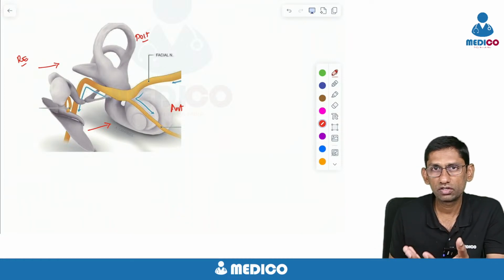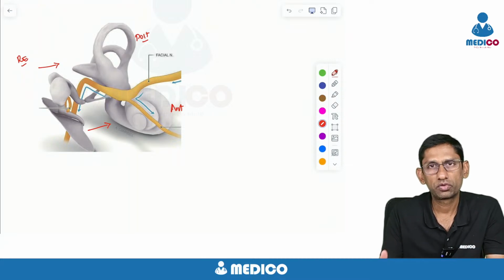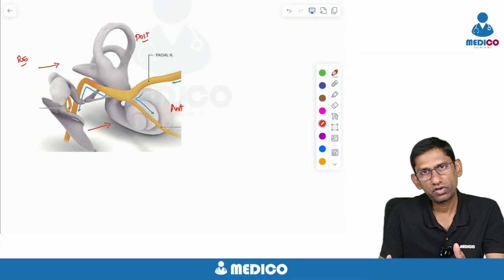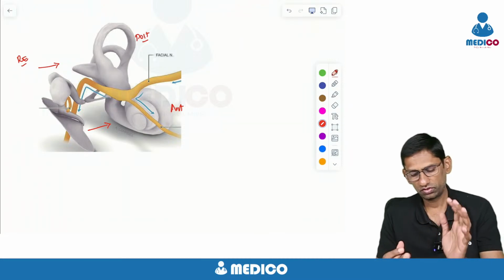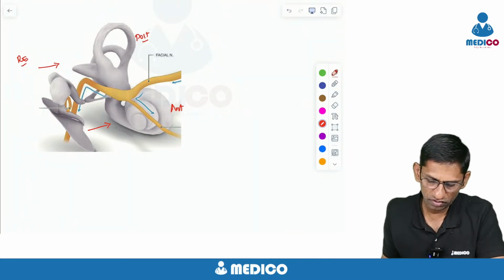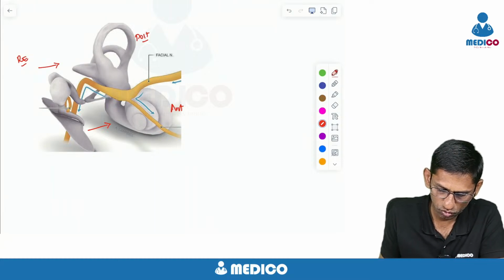If you open into the middle ear, you will enter into the cochlea, and if you open into the mastoid, you will enter into the semicircular part of the inner ear. So this is quite important. And again the facial nerve, a little orientation, it is coming through the inner ear.